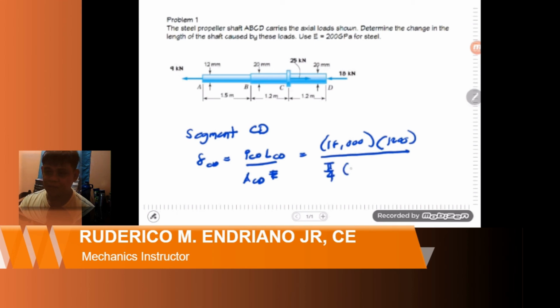We have the same diameter, 20 mm, and the same modulus of elasticity of 200 megapascal. That will give us a change in length equal to 0.344 millimeters. And since P_CD is in compression, that will give us contraction.